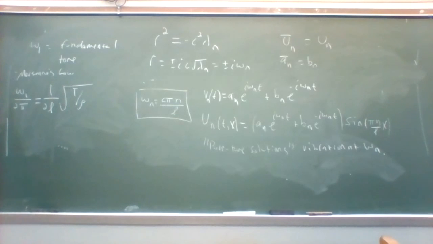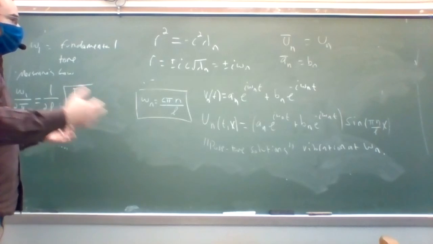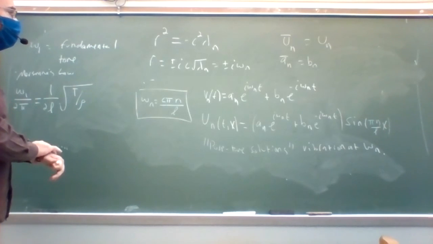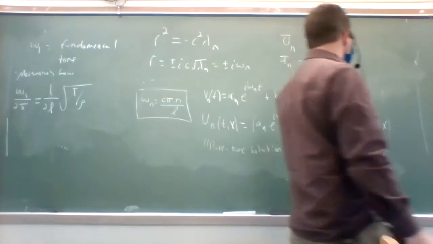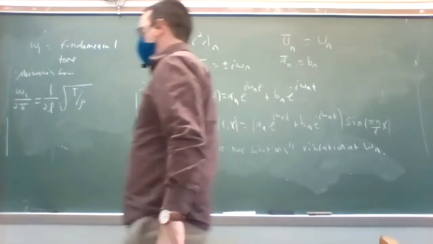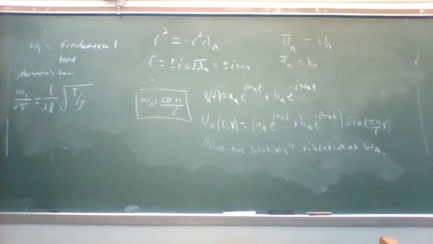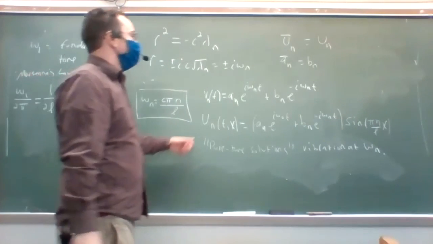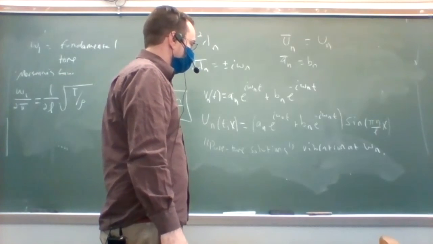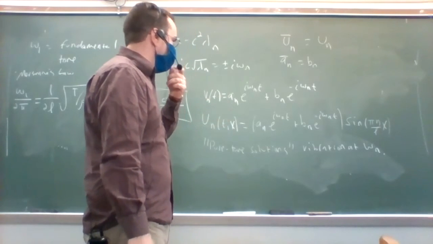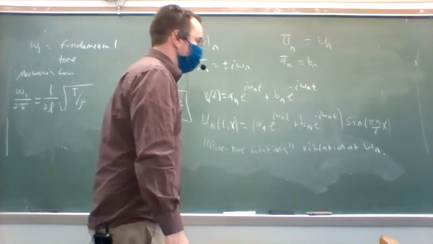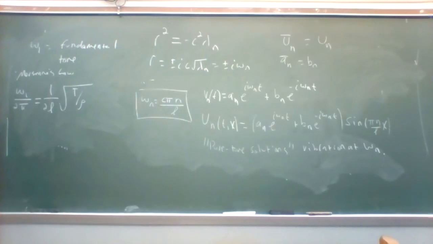The work we've already done was focused on choosing an initial condition and then seeing what happens. Here we chose a special form of the solution where the variables are separated, and we found these special solutions at certain frequencies. You can go back and find the initial conditions that lead to these solutions. But it's a little bit of a different approach.